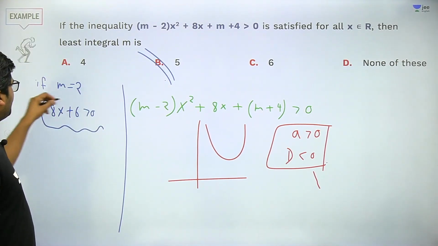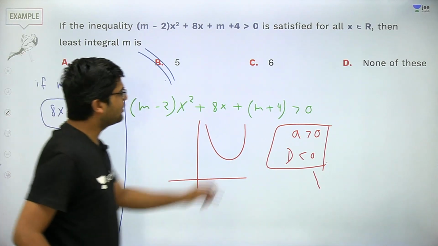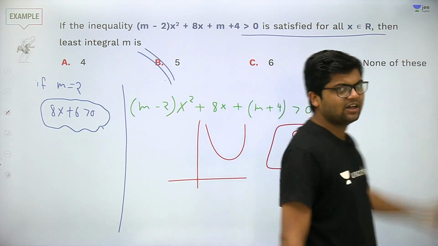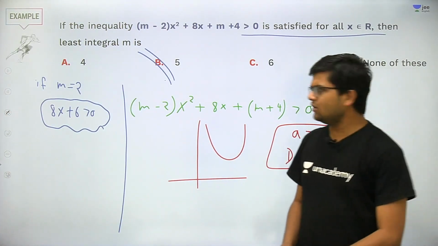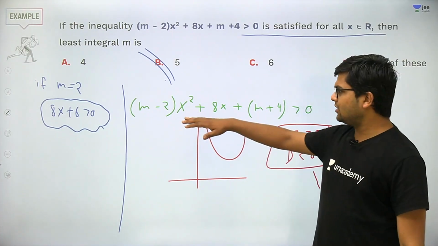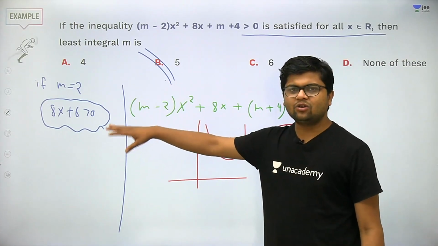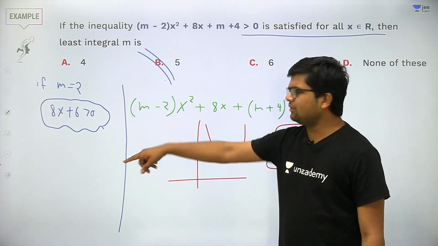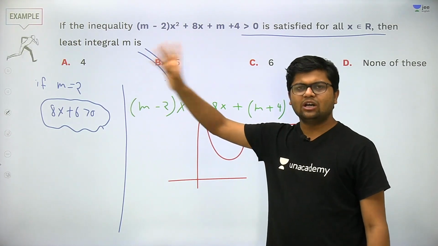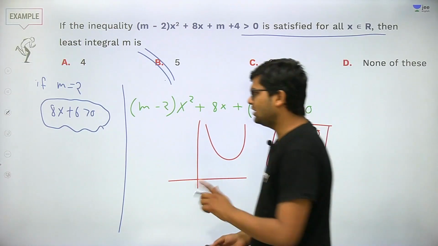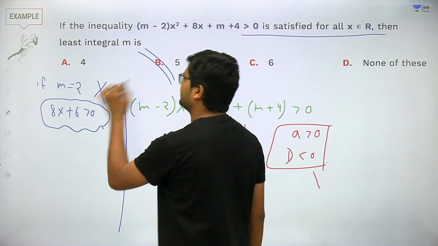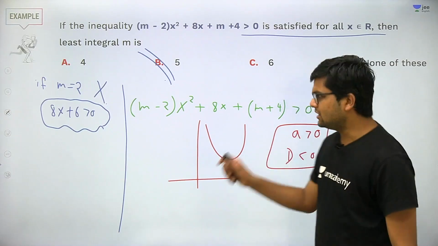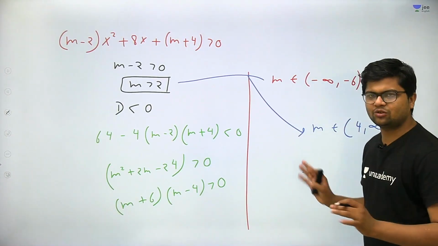Is this true for all x belongs to real? Because the question says it is satisfied for x belongs to real. So if m becomes 2, the resulting inequality does not hold true for x belongs to real. Therefore m equal to 2 will not be in my solution, and it will be rejected. Getting my point? Therefore this answer is correct and there is no issue in that.